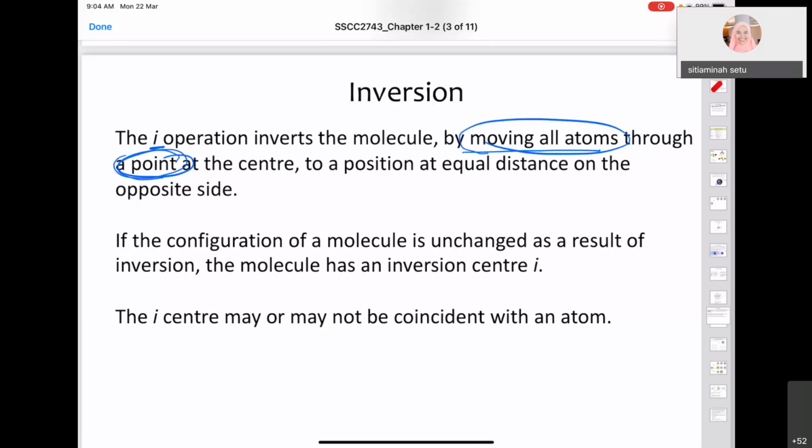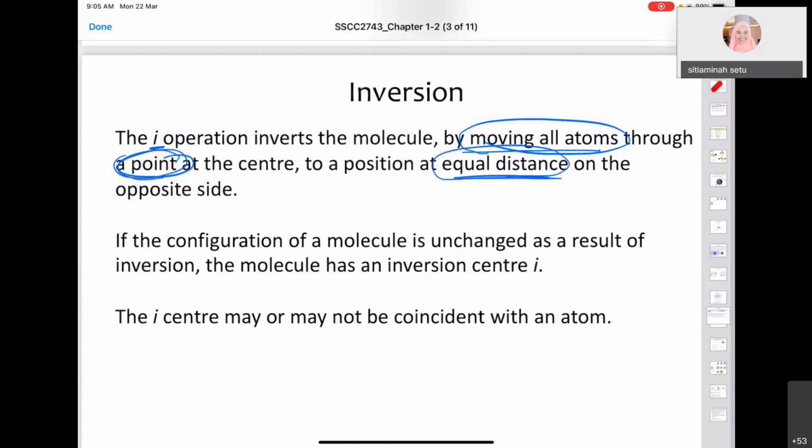Okay. To a position at equal distance on the opposite side. Okay. So dia punya movement must have equal distance before we move the atoms and after we move the atoms. Okay. Bukan setakat dia punya distance, dia punya angle pun mestilah sama.